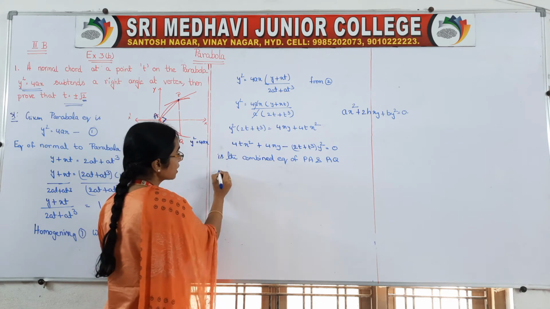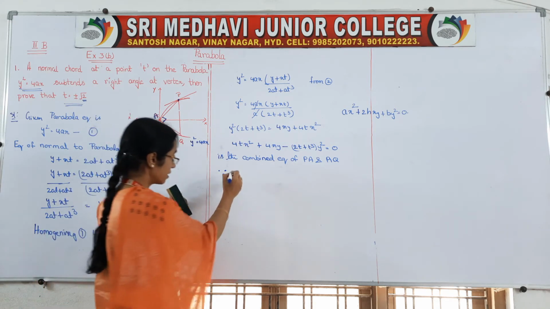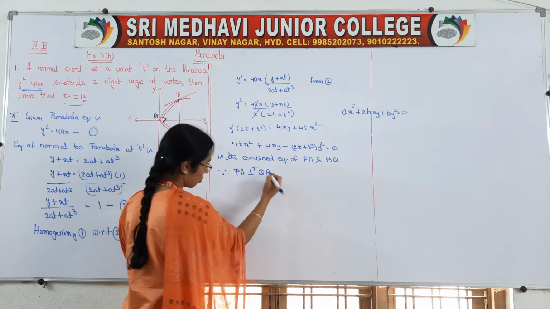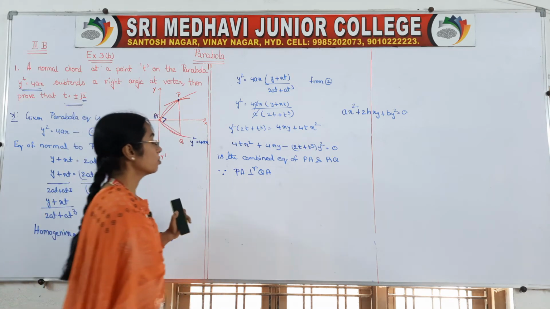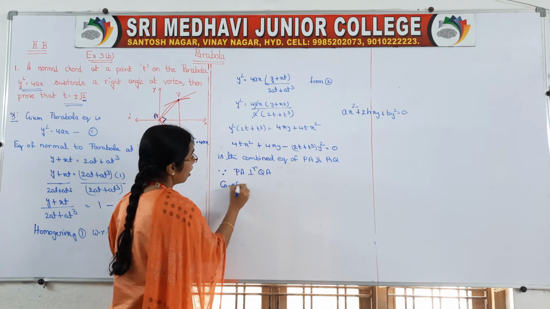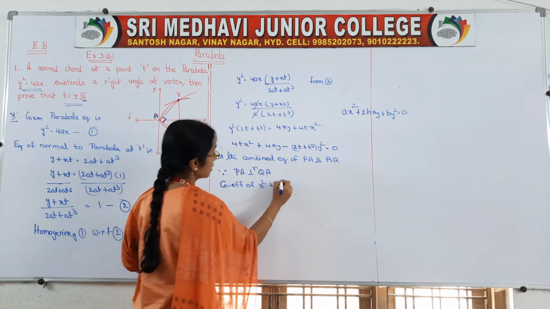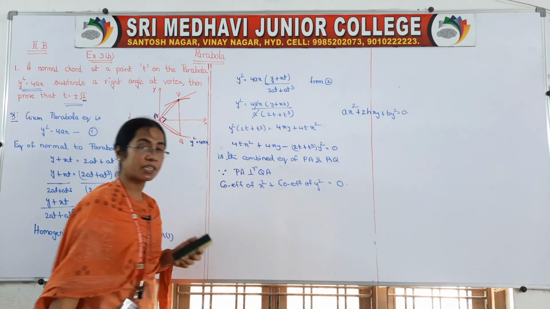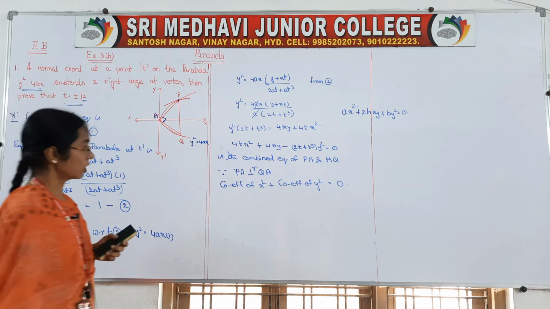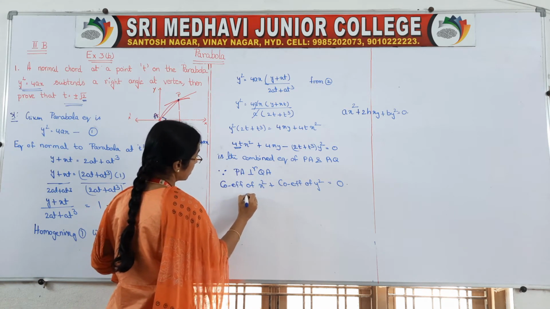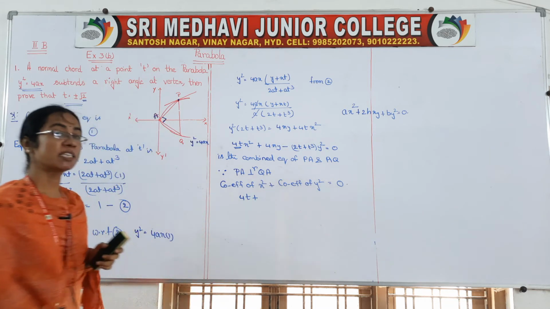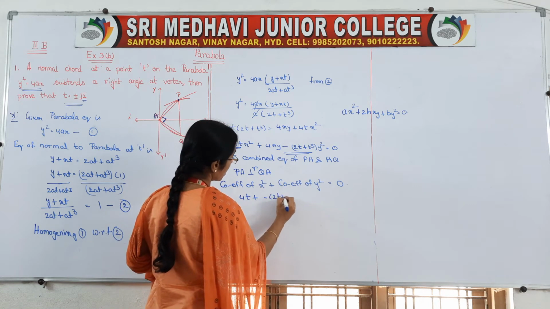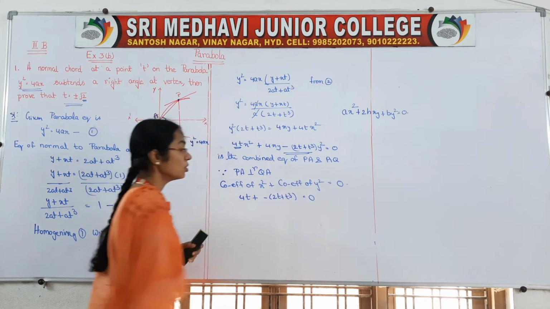Since here PA is perpendicular to QA or AQ, both are the same, the coefficient of x square plus the coefficient of y square is equal to 0. What is the coefficient of x square? It is 4t, plus the coefficient of y square, which is minus of (2t plus t cube), is equal to 0.